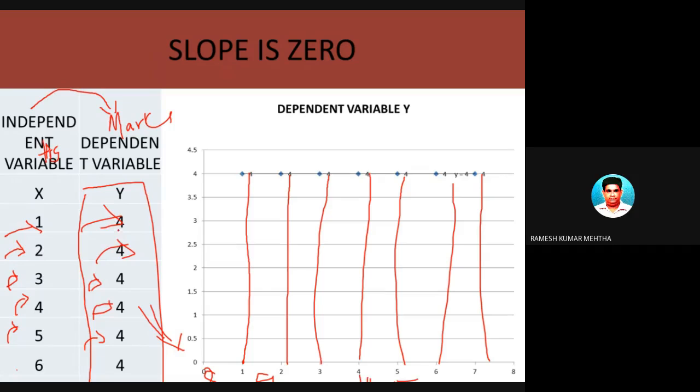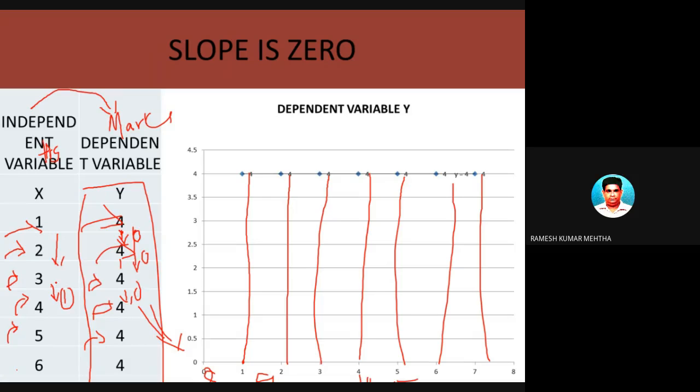There is no difference between these marks and these marks, meaning the change is only 0. From here to here there is a change of 2 hours, but is there any increase or decrease in marks secured? No. From 3 hours to 4 hours, I have increased 1 hour, but the change in marks is 0.